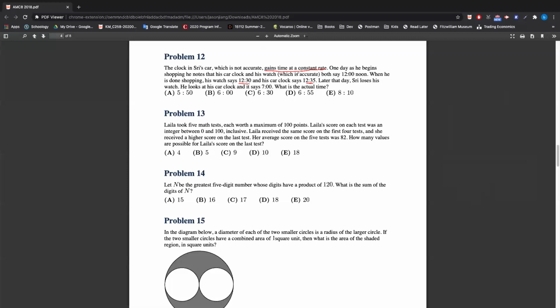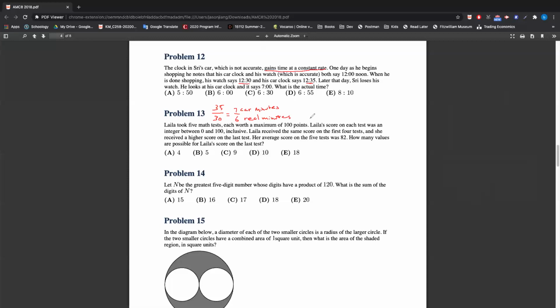So because the car clock is gaining time at a constant rate, we can just do a ratio here. So the car clock to actual time is 7 to 6. So basically there's going to be 7 car minutes, or seconds, however you want. So I'll use minutes. 7 car minutes for every 6 real minutes.